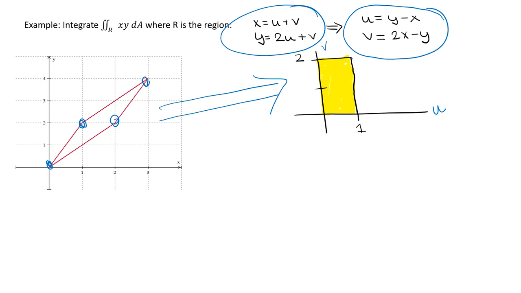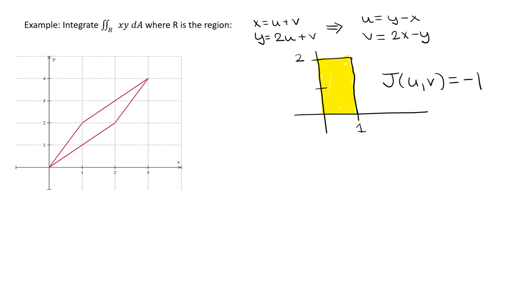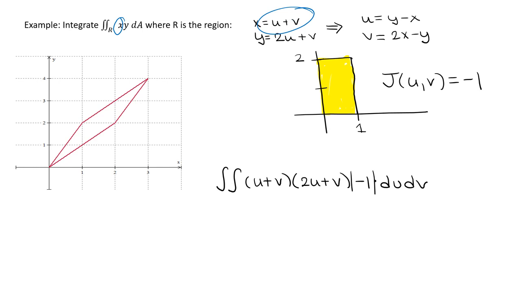So let's actually see if we can apply everything we've learned to evaluate an integral. So how do we put all this together? I should remind you, we just computed the Jacobian for this transformation and we got -1. So we can rewrite this integral by replacing the x with u plus v, and then replacing the y with 2u plus v.